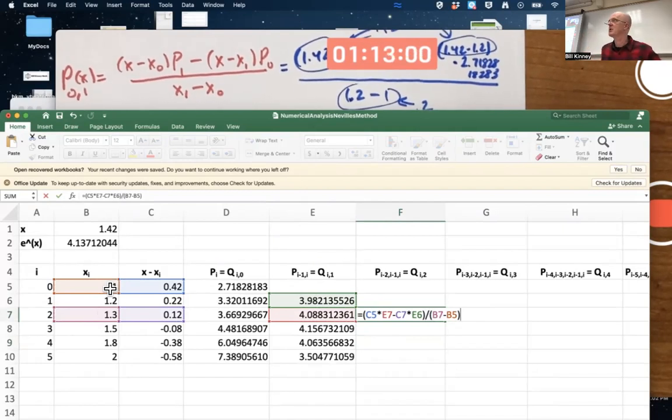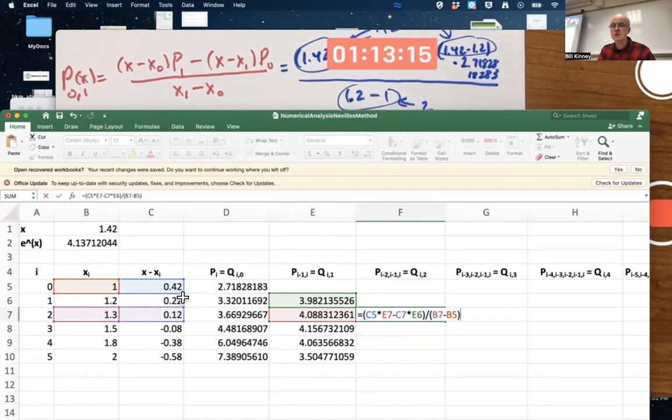And here's the most magical part about all this. This is a quadratic polynomial that's going to approximate e to the x using the first 3 nodes, 1, 1.2, and 1.3, and the outputs of those first 3 nodes.